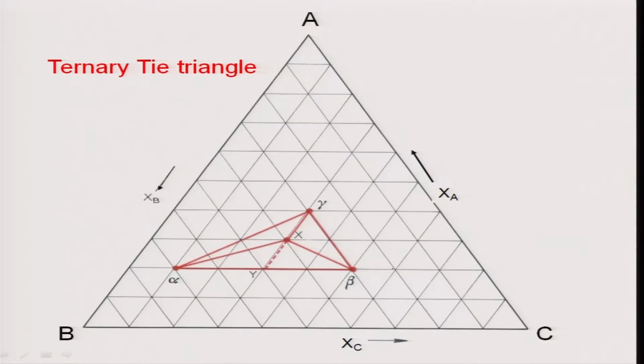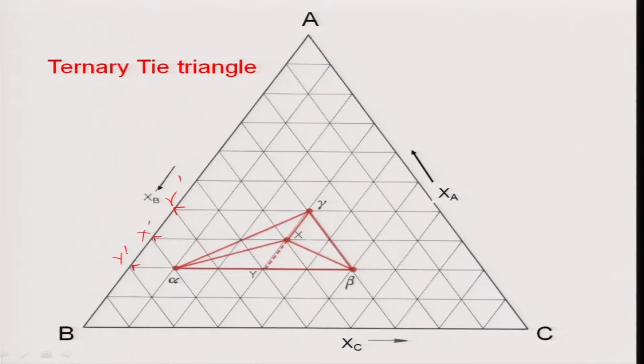So I draw a parallel line here, another one here, and another here. So this is my gamma, this is my X, let us write gamma prime, X prime and Y prime. So I can apply the lever rule here and measure the volume fraction of gamma and also the volume fraction of a fictitious phase Y. I can do that because that is a tie line.